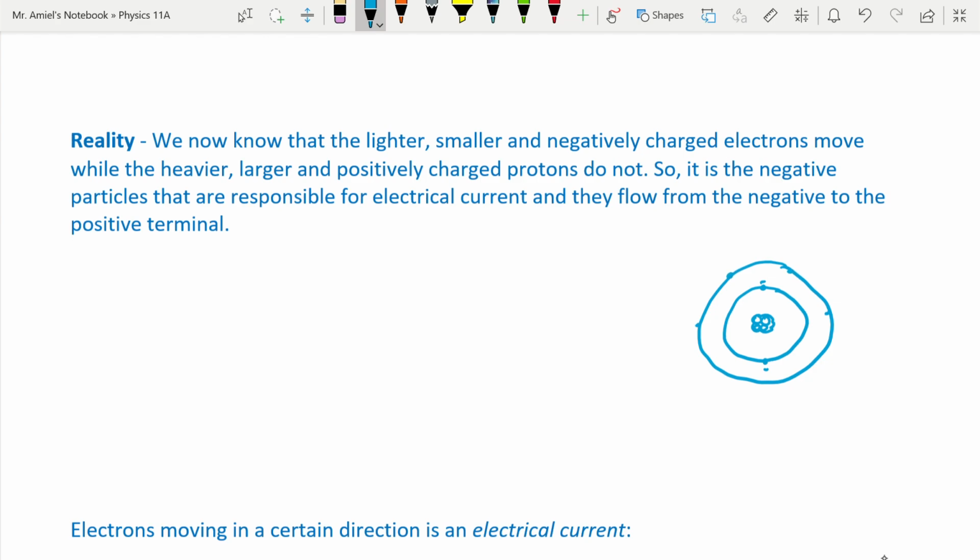We can see that the electrons, these negative electrons, are not only around the outside, they're much smaller and much lighter than the protons inside and much more likely to move.